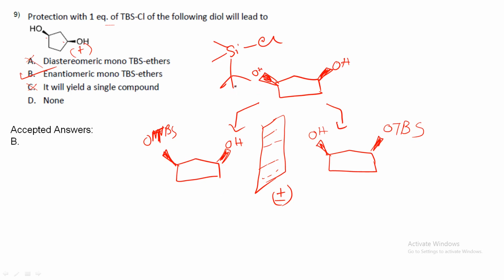So from a chiral molecule we are generating a racemic compound. This type of two selectivities, this way and this way, will lead to a racemic mixture. So that's how the molecule can be racemized. It is a kind of observation.